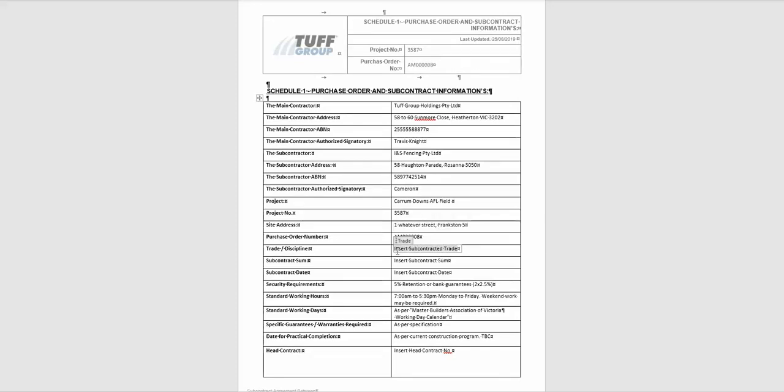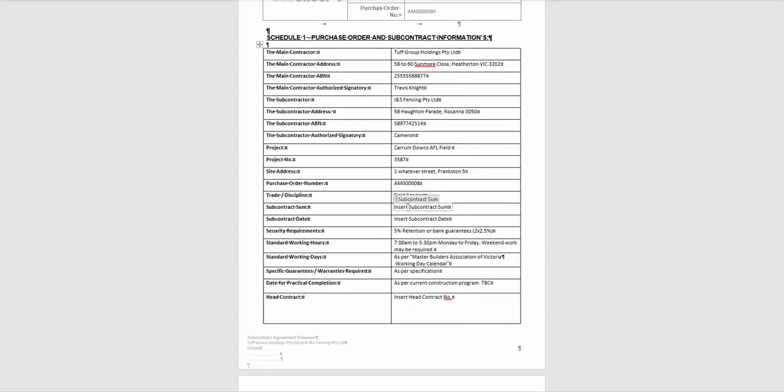Subcontract sum 250,000. We can add the dollar here. Subcontract date, you can choose the date of the subcontract, say Tuesday the 27th. Security requirement 5% retention, or whatever we want.